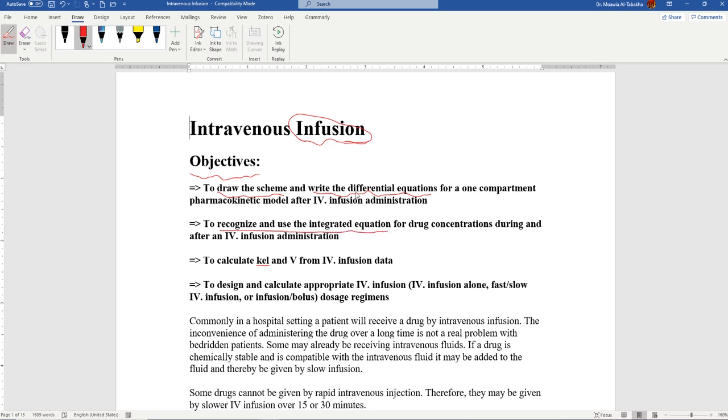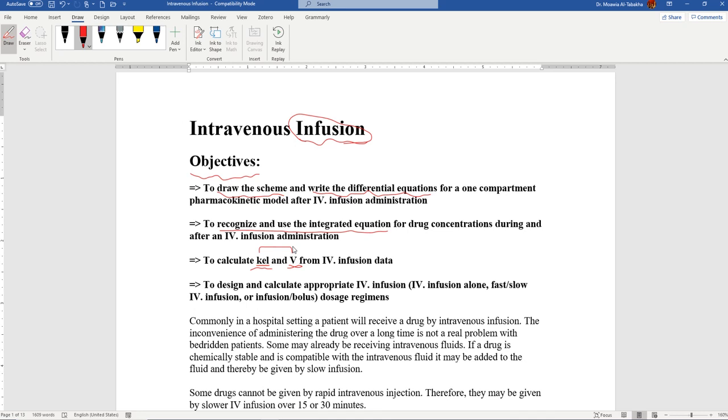As I told you, you don't need to know how this differential equation was integrated, but you are supposed to recognize the integrated equation and use it correctly. You are supposed also to calculate KL, the elimination rate constant, and V, and you already learned that from part 3 of IV bolus administration.